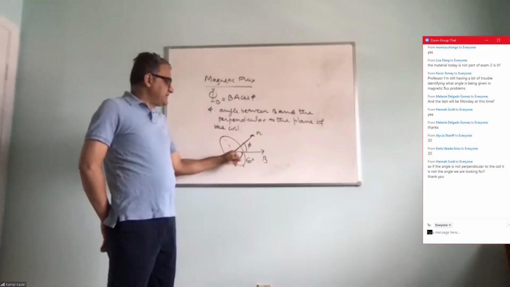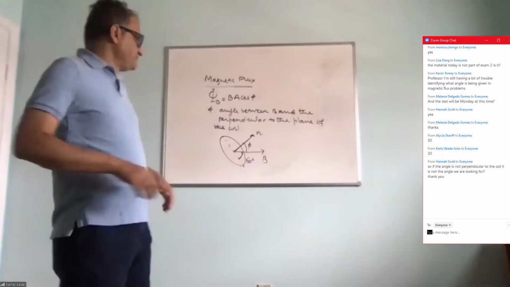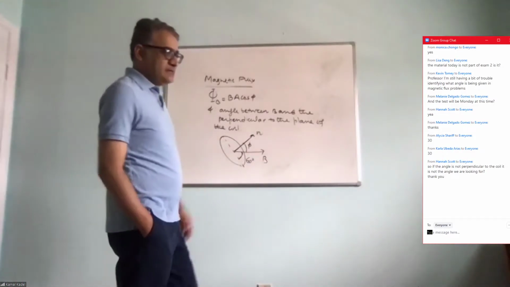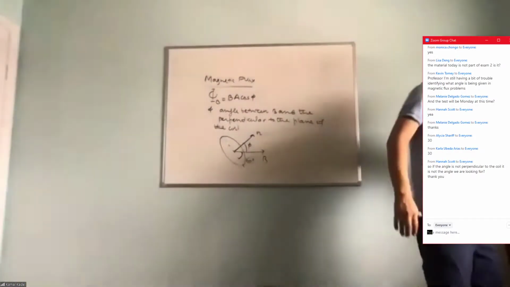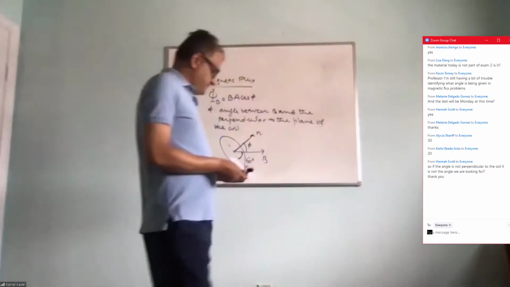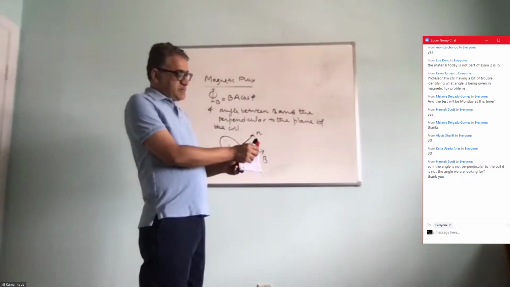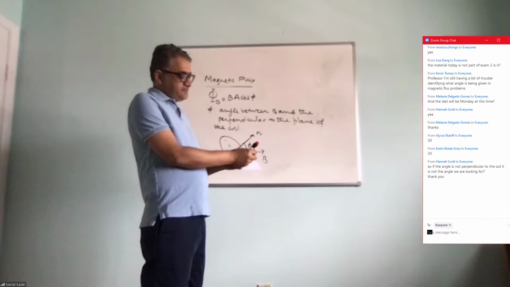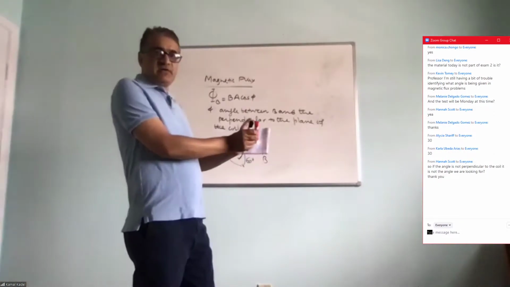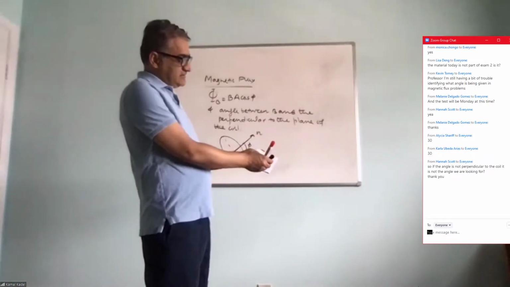If the angle is given as B making, for example, 60 degrees with the coil, with the coil meaning the coil itself, I can show you here. Look, this is the coil, and this is the perpendicular to the coil, and this is the magnetic field.